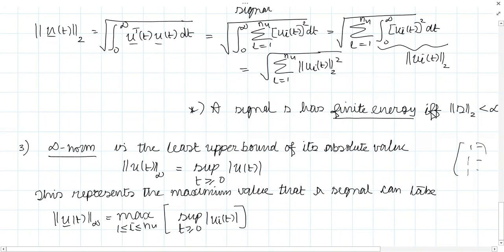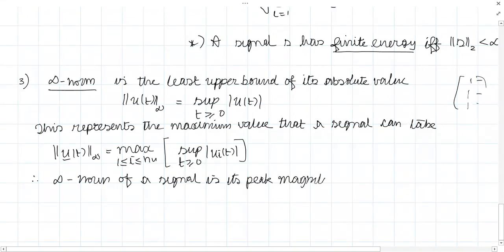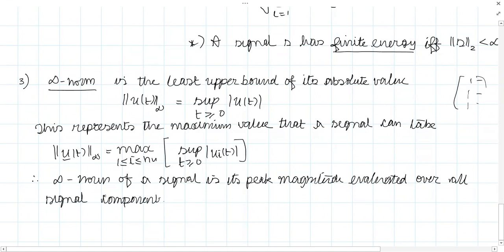The infinite norm of a signal is its peak magnitude, evaluated over all signal components and all times.